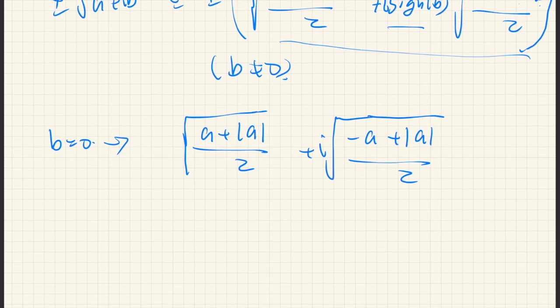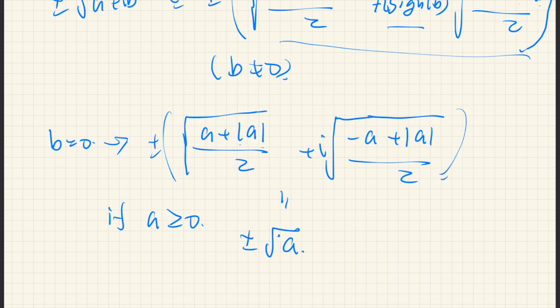Now if a is non-negative, the absolute value of a is just a, so it's 2a over 2, so that's just the square root of a. Of course, we need plus minus here. And minus a plus positive a is 0.